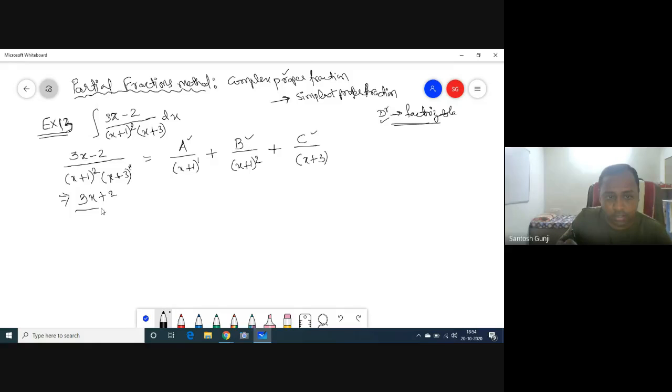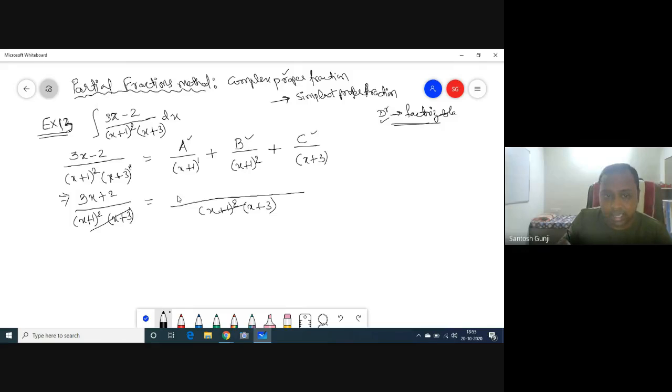We get 3x minus 2 upon (x plus 1) the whole square into (x plus 3) equal to the same LCM. The denominator comes again as the LCM, no need to think much about it. (x plus 1) whole square into (x plus 3) is always going to get cancelled in the next step.